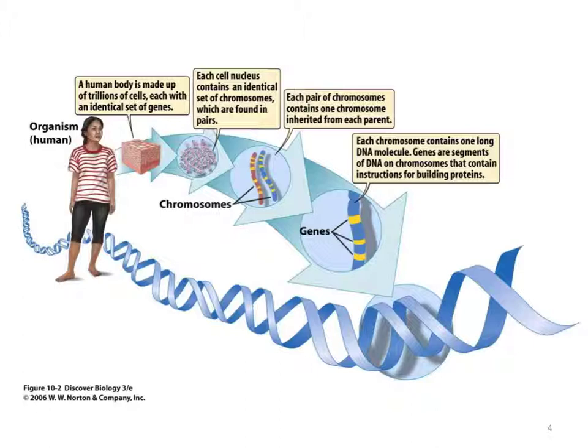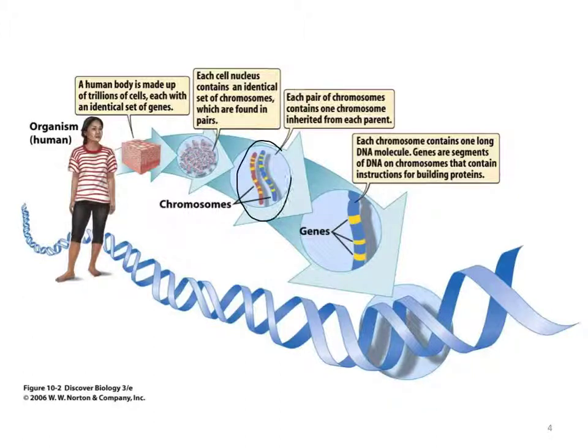Where are genes? Genes are encoded by DNA, and the DNA is found in chromosomes. Chromosomes are made up of both DNA and protein in a structure known as chromatin. Remember that in eukaryotic organisms such as ourselves, our chromosomes occur in linear pairs.